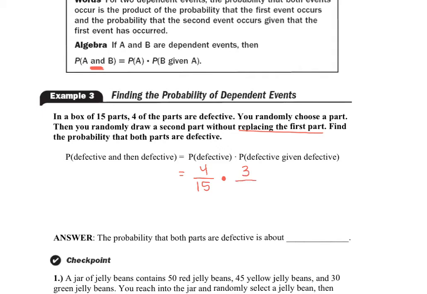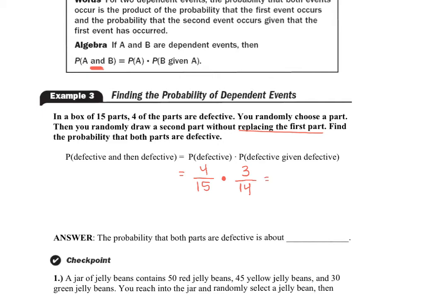And instead of 15 total parts, now there are only 14, because again, 1 got chosen in that first event. And because these events are linked, event B is dependent on event A. We have to assume that event A happened. That defective part got chosen and it was not replaced.